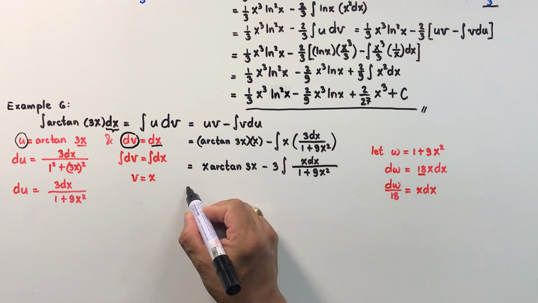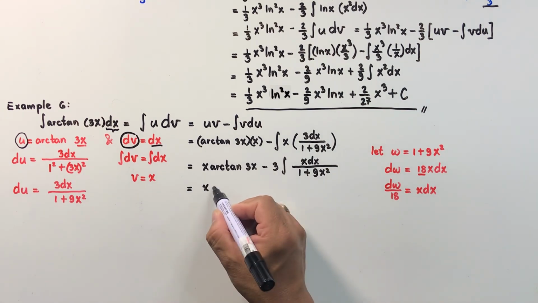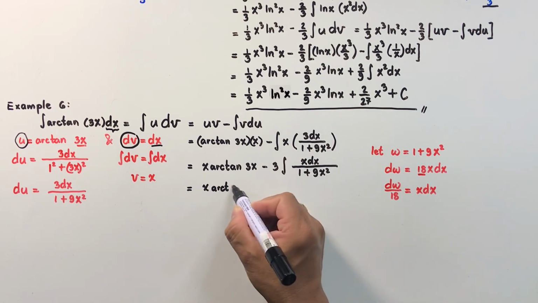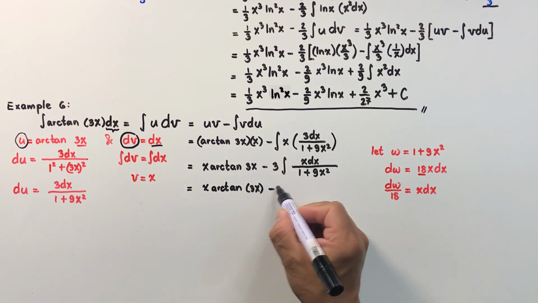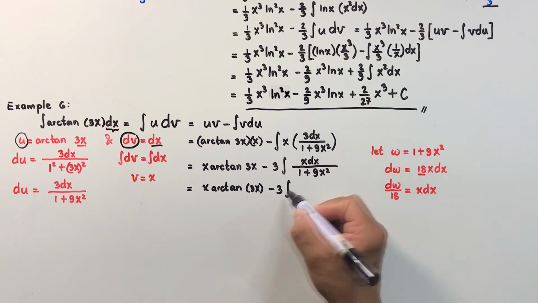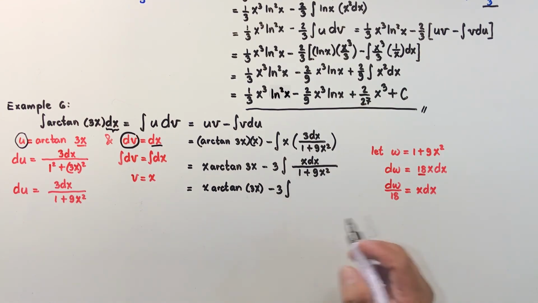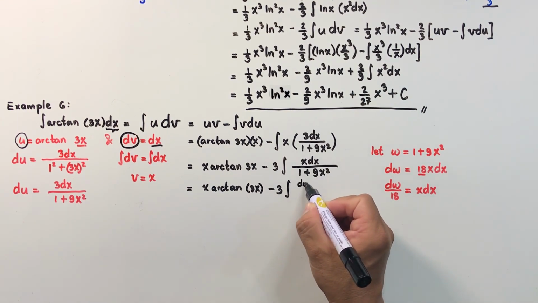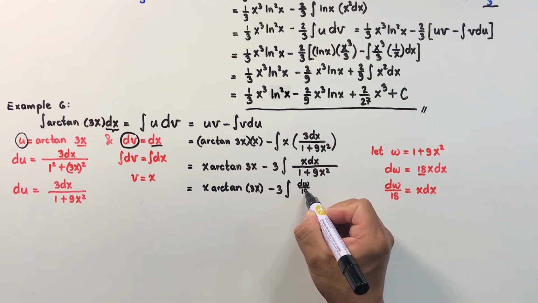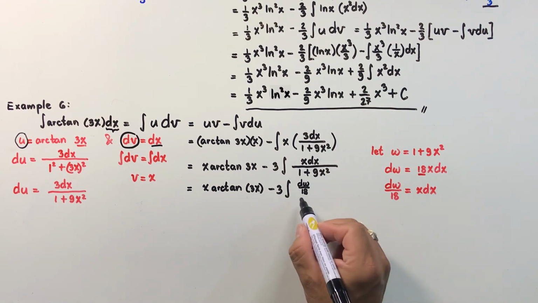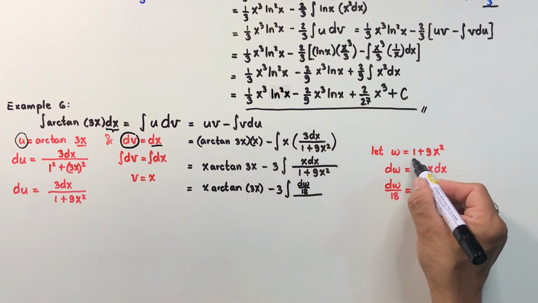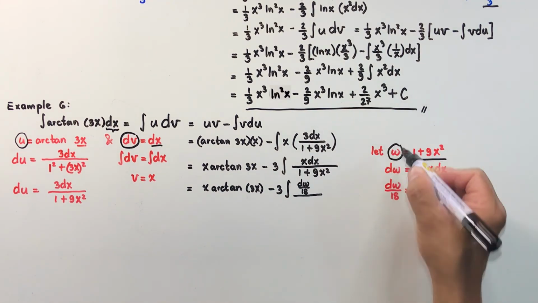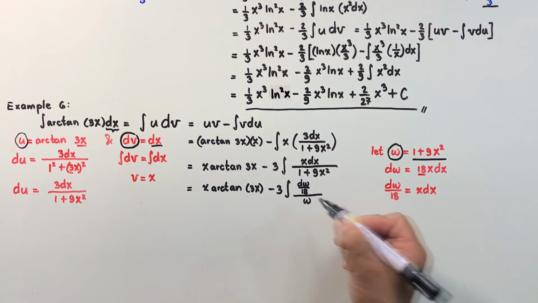So by substitution, we have x times the arctangent of 3x minus 3 times the integral of our x dx, which is dw over 18, and this will be divided by this 1 plus 9x squared, which is our w. So this is over w.